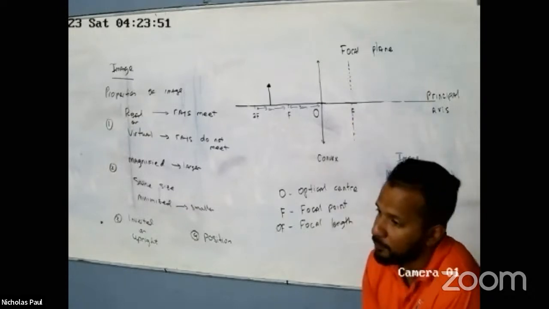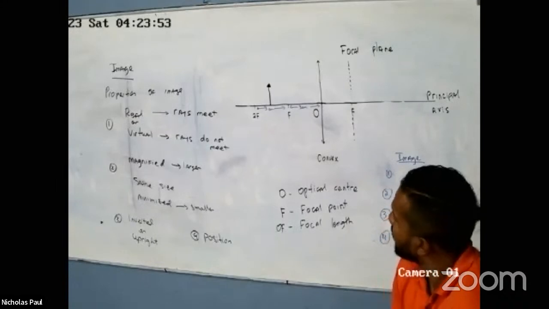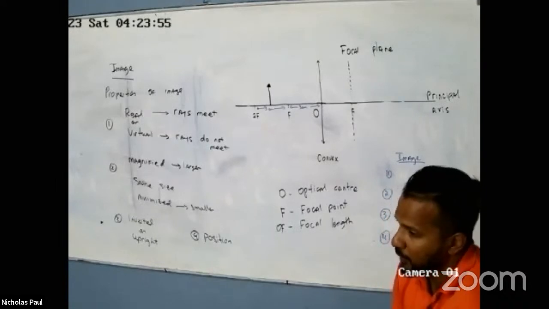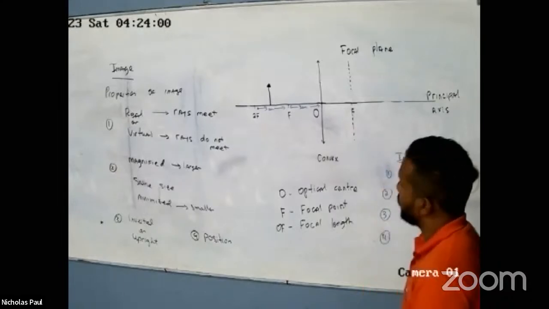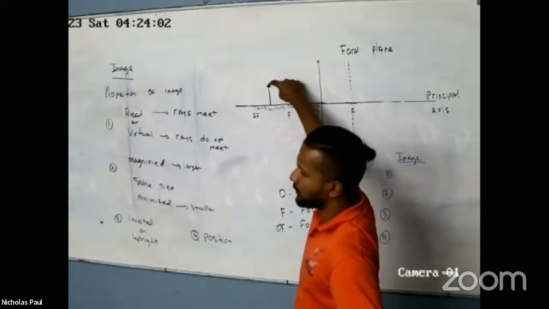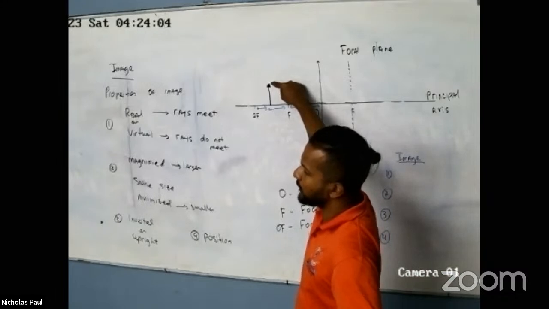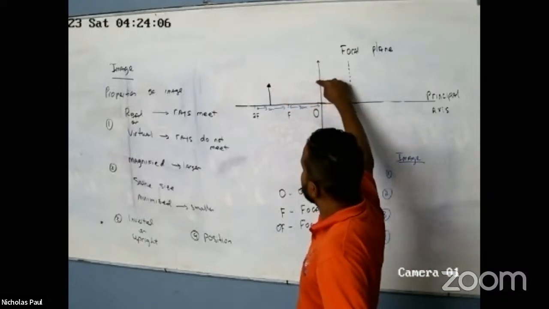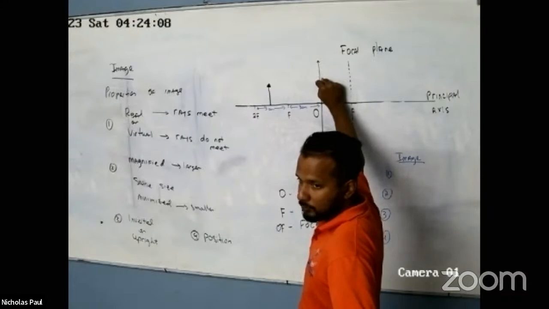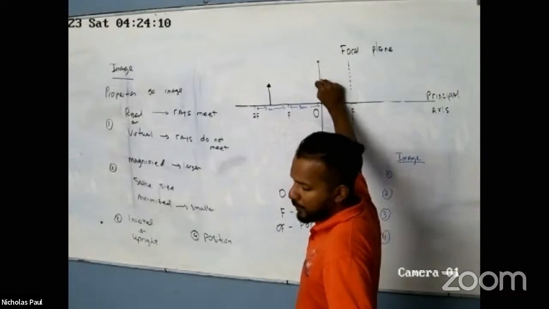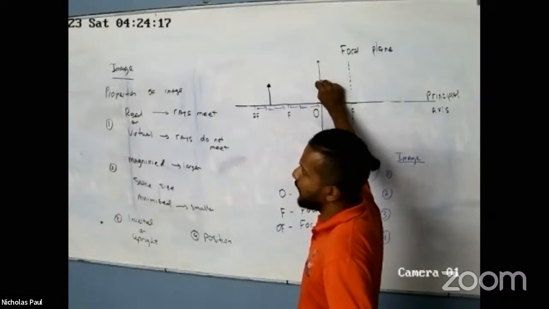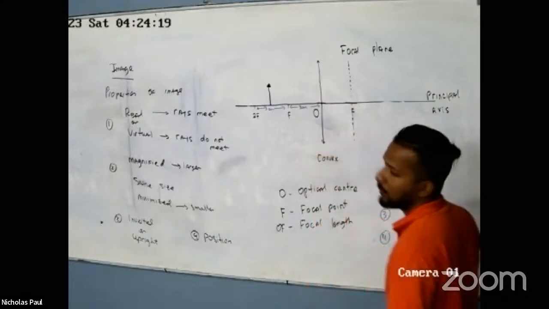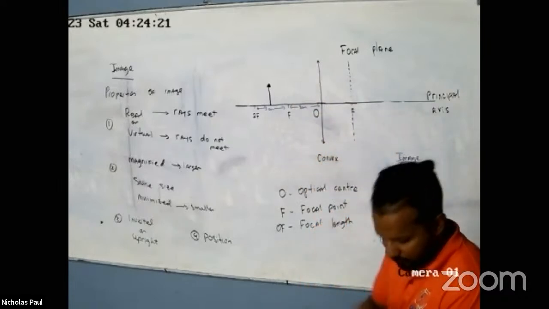Step number one: draw a ray from the top of the object, parallel to the principal axis, until it meets the lens.